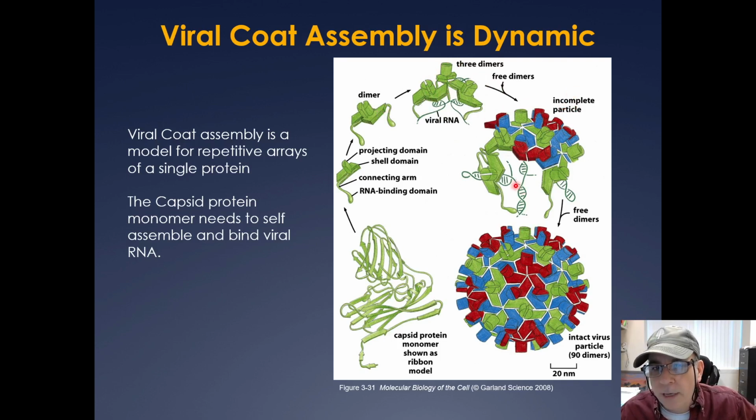If it's an RNA virus, as this one is, because it's got an RNA binding domain, it will package the RNA, and then you eventually get the formation of this repetitive array that's an intact virus. It all comes off of this single capsid protein, which comes together to form this repetitive array.